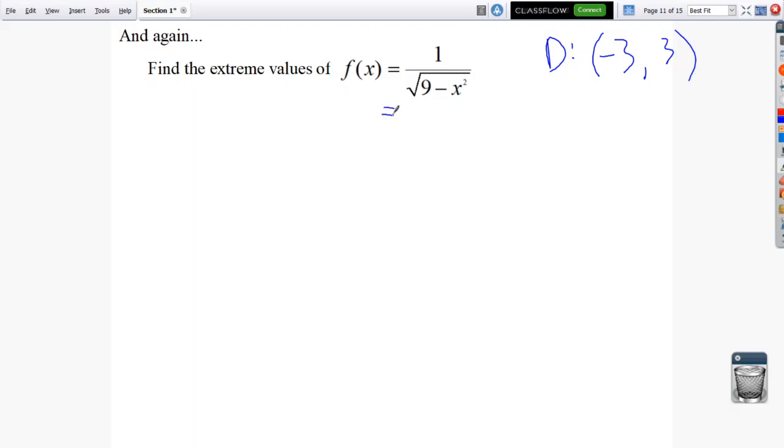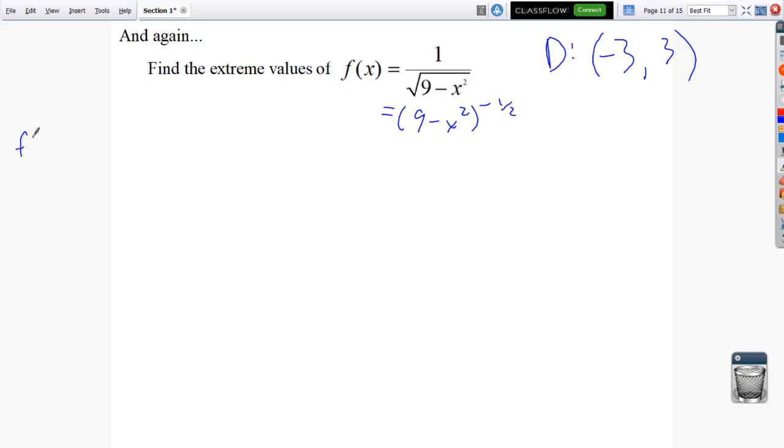We remember from last chapter that if I'm trying to find the derivative of 1 over the square root of 9 minus x squared, I have to look at this as 9 minus x squared to the -1/2 power.